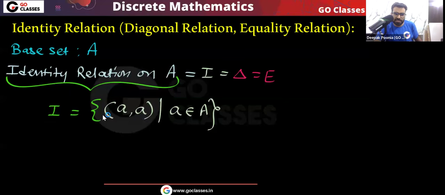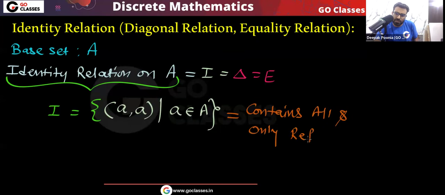So the identity relation is basically the smallest reflexive relation on base set A, or I can say that it contains all and only reflexive pairs. Very simple, I hope you understood.